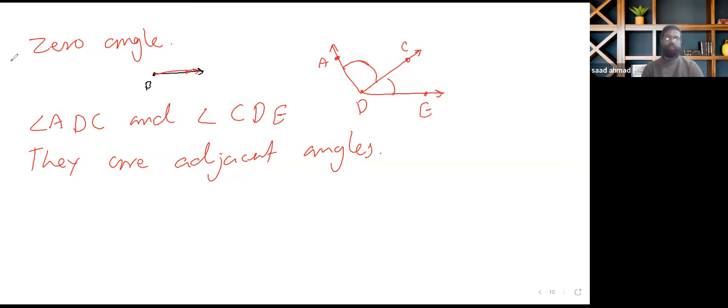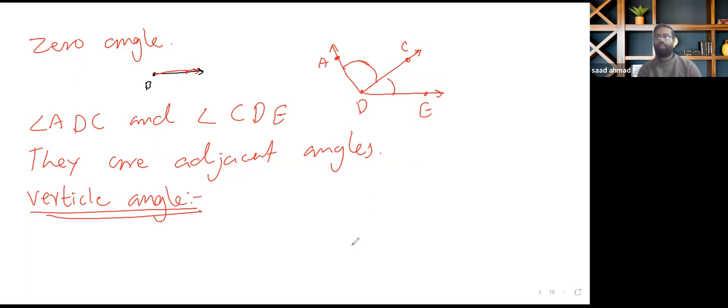Now comes some special pairs of angles. Let's start with vertical angles. Let's say two lines intersect.